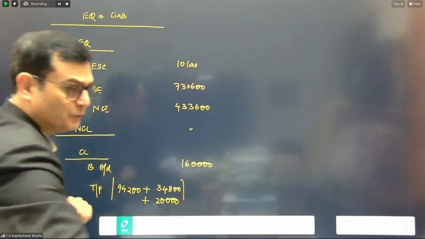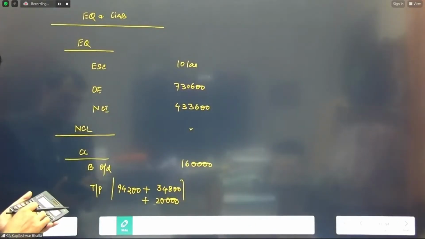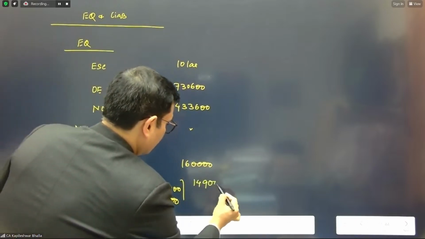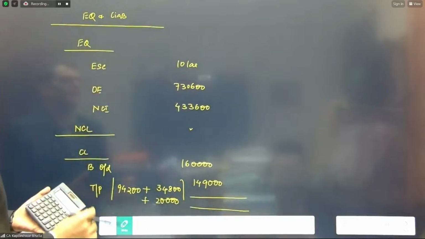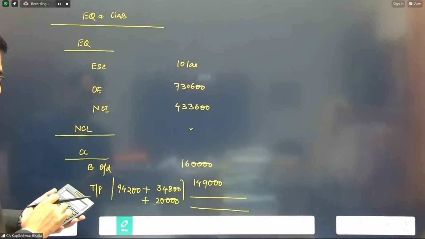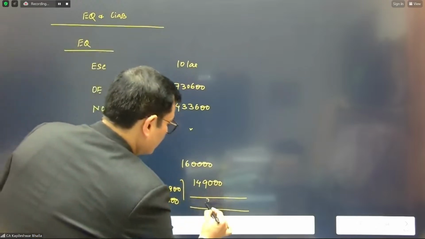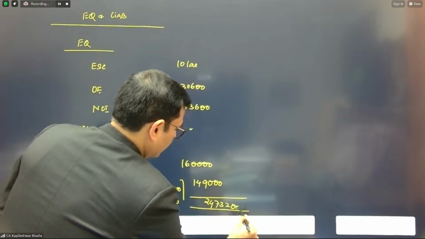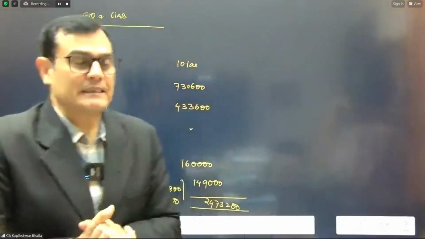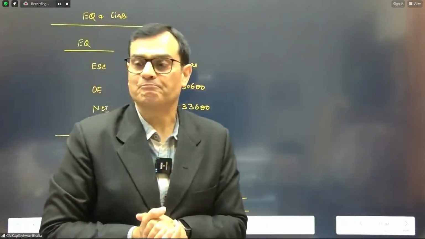That is the fair value change. So 94,200 plus 34,800 plus another 20,000, that makes it 149,000. So hopefully now this balance sheet should agree. So 10 lakh plus 730,600, 433,600, 160,000, 149,000. Wow, 24,73,200 is the total of the balance sheet. Wow. Right, friends. So that takes care of the consolidated balance sheet as well. All these 6 steps are done.